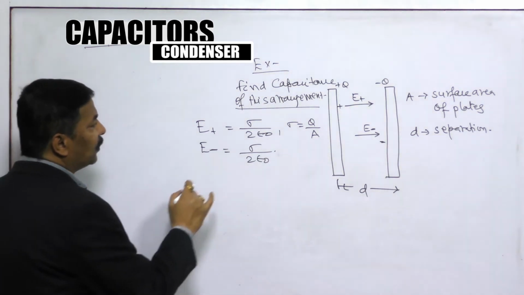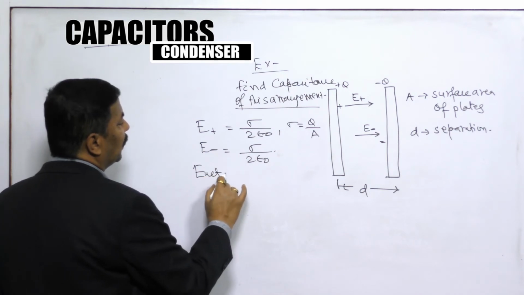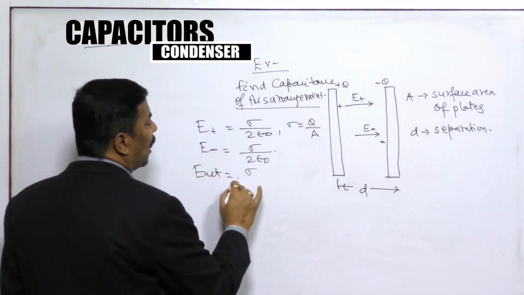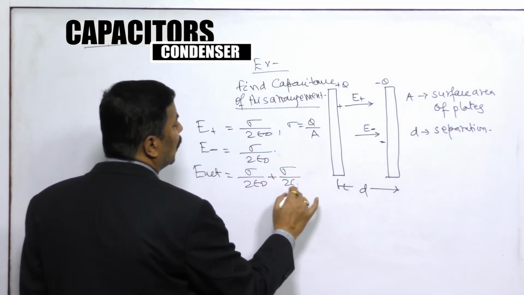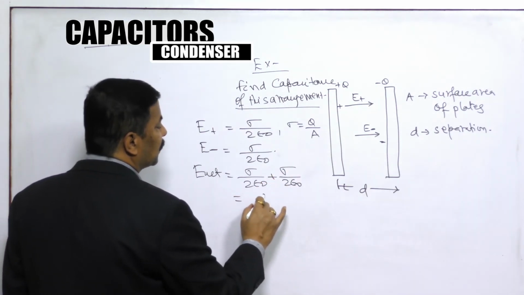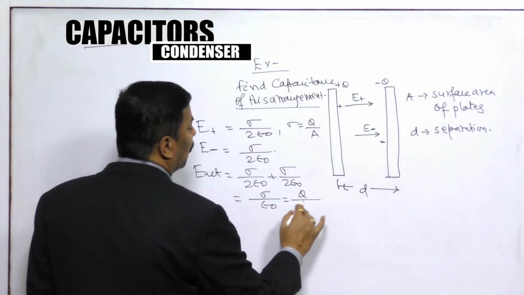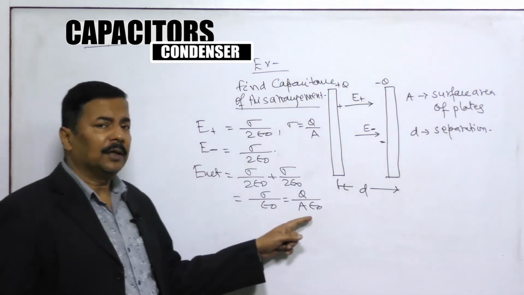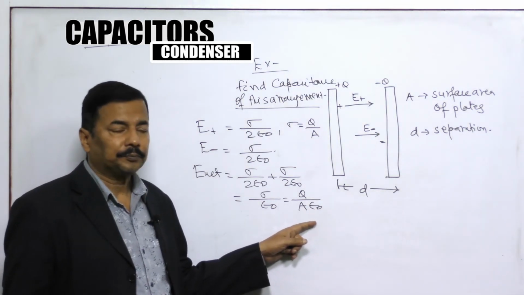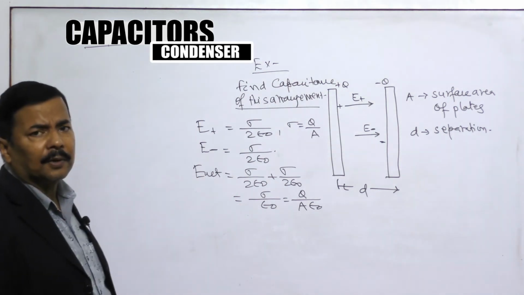So the net electric field between the conductors, E net, is sigma by 2 epsilon naught plus sigma by 2 epsilon naught, that is sigma by epsilon naught, that is Q by A epsilon naught. Epsilon naught is the permittivity. Now the second step we have completed.